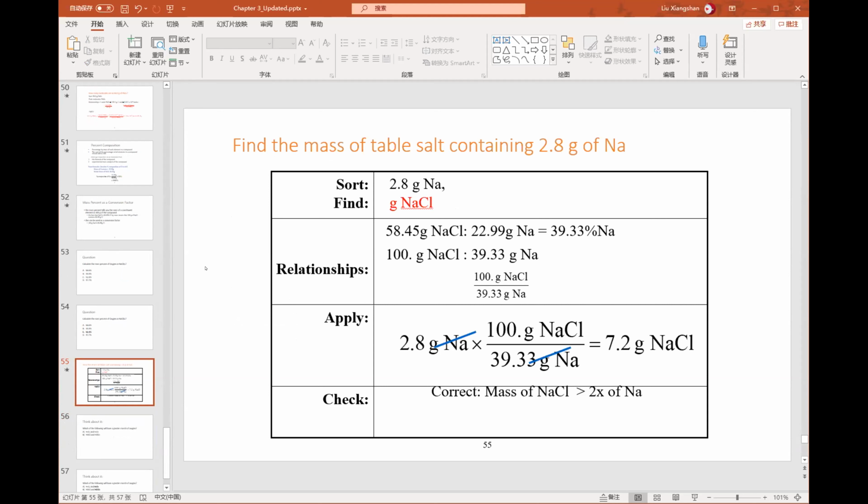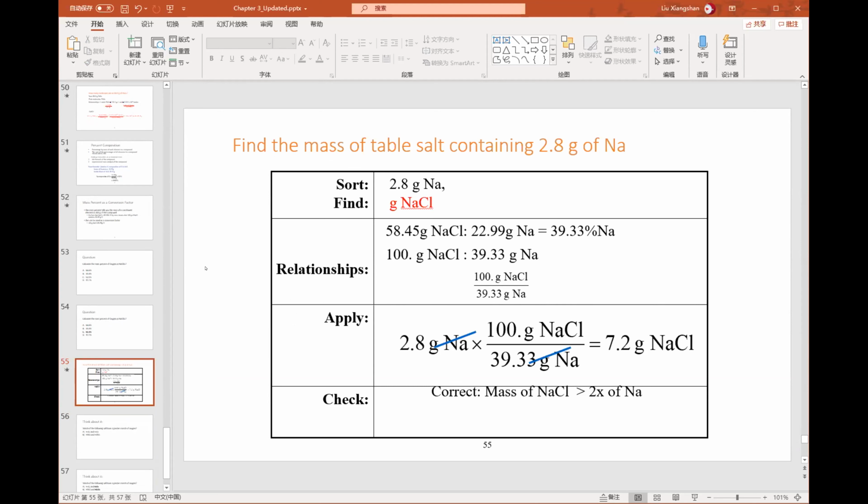Okay, next question is find the mass of table salt containing 2.8 grams of sodium. For this one, you already know the 2.8 grams of sodium, and you need to find the mass of the sodium chloride.